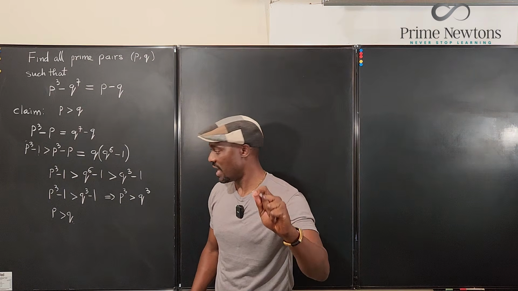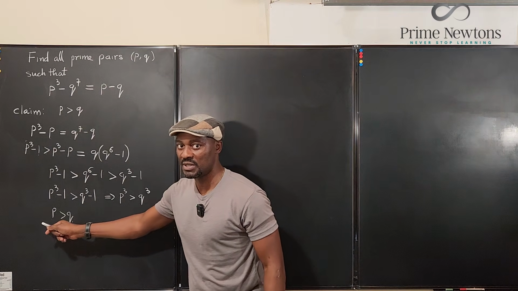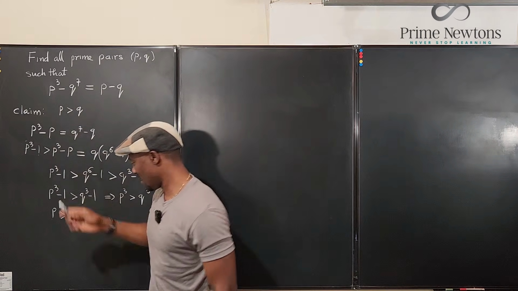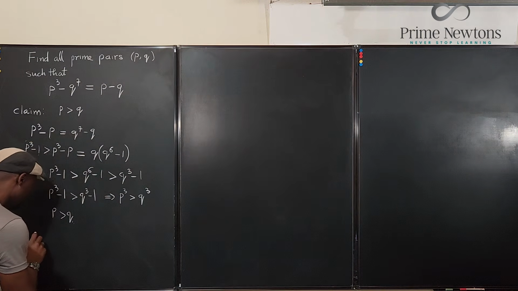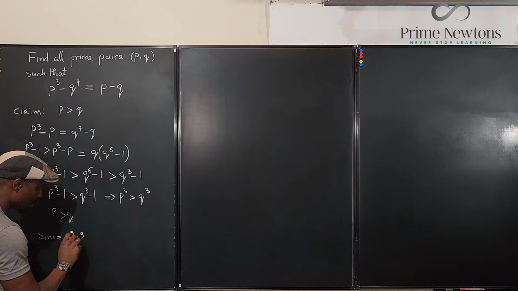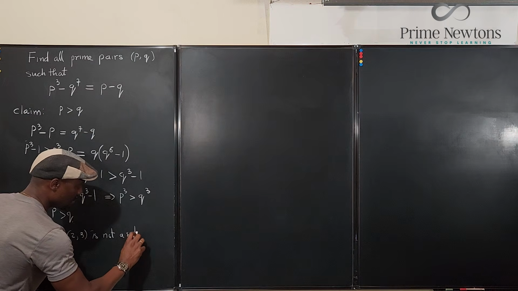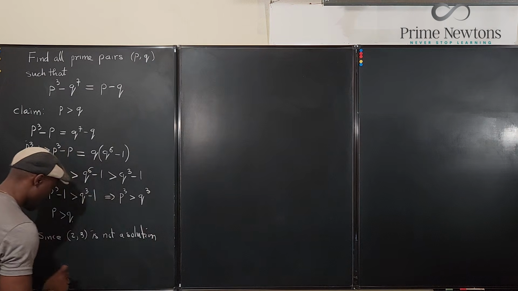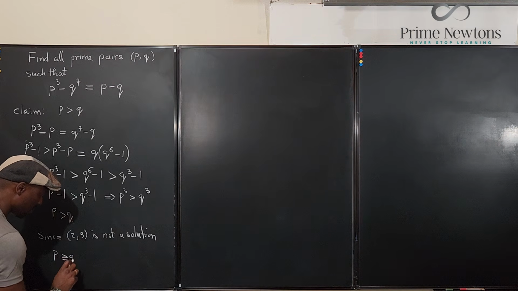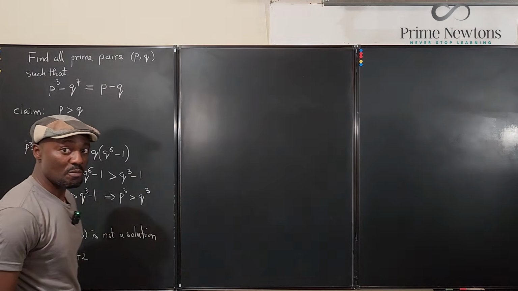So we have to claim if P is greater than Q, then Q must be 2 and P must be 3. But we know that cannot happen. Okay? Let's quickly say that. Since 2, 3 is not a solution, then P must be greater than or equal to Q plus 2. The gap between P and Q must be at least 2.